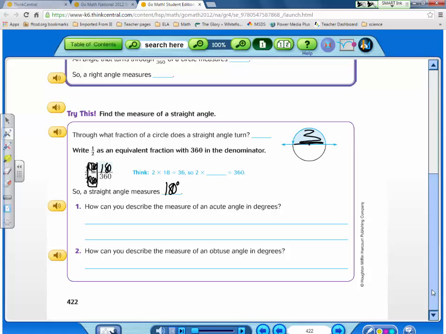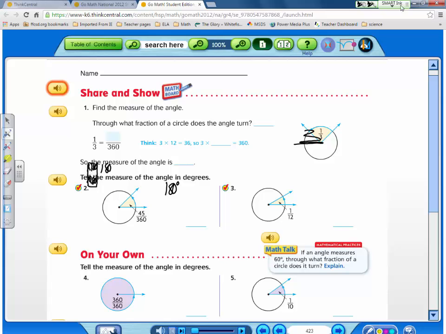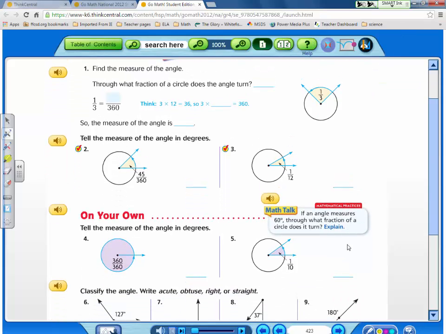So we just proved that that half circle making a straight angle is 180 degrees. The problems that you'll be looking at look more like these on this second page. So if the fraction is already in 360ths, then the numerator just tells you how many degrees it is.